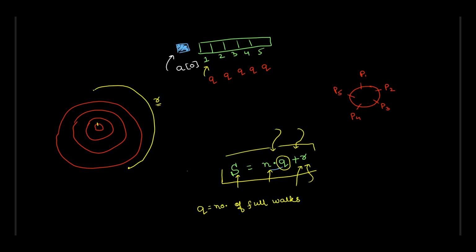Then you can take the first R people, suppose R is equal to 4, go to those locations and increment by 1, because these R people will participate in the last round, right? It means the first 4 people on this circle, so P1, P2, P3 and P4, these 4 people participate in the last round.